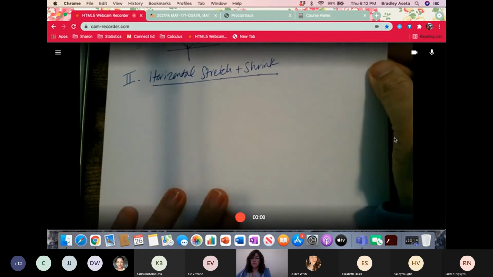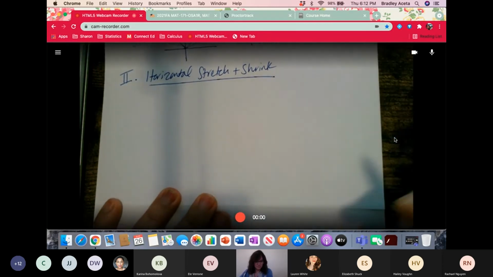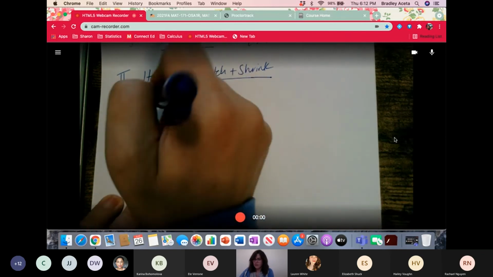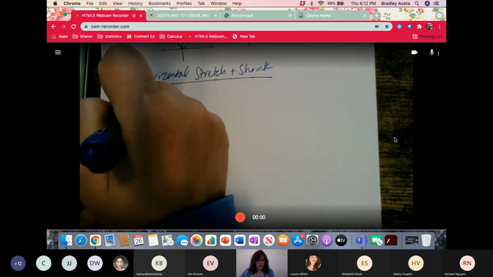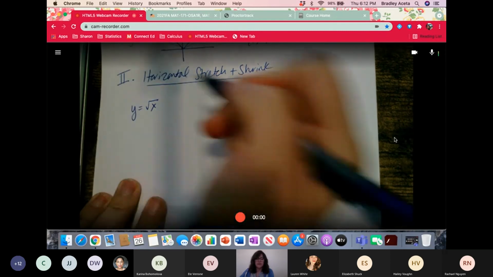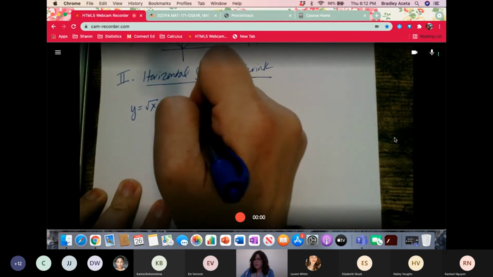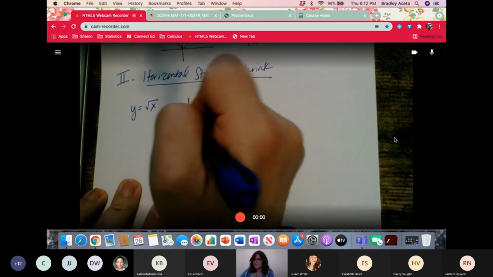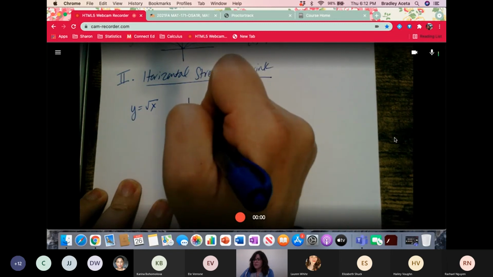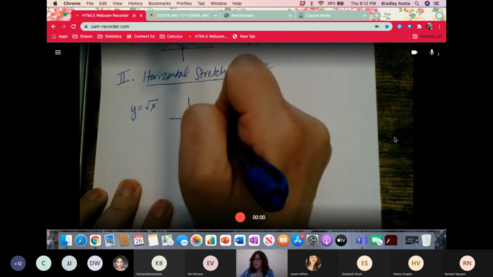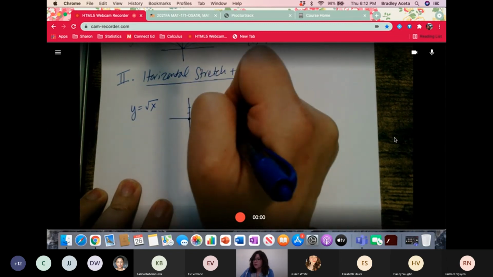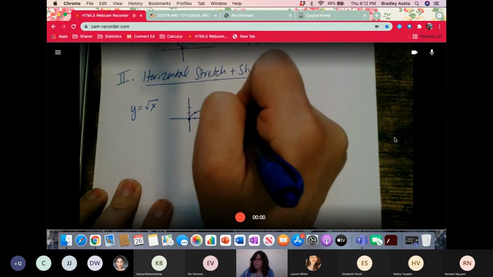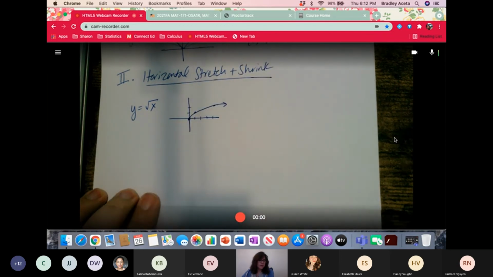So let me move this up for a second. This one, we're going to do the y equals square root of x parent. If you remember that one, it looks like this: 0, 0, 1, 1, 4, 2. So that's your y equals the square root of x.